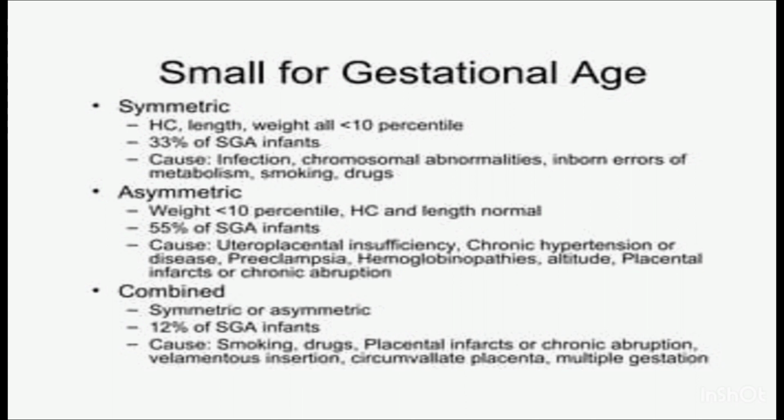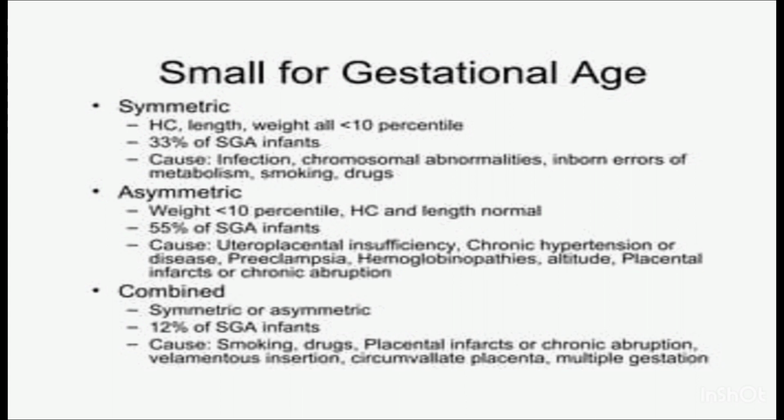Small for gestational age, symmetric: head circumference, length, and weight are less than the 10th percentile. 33% of SGA infants fall in the symmetric form. Asymmetric: weight is less than the 10th percentile, while head circumference and length are normal. 55% of infants are asymmetric.